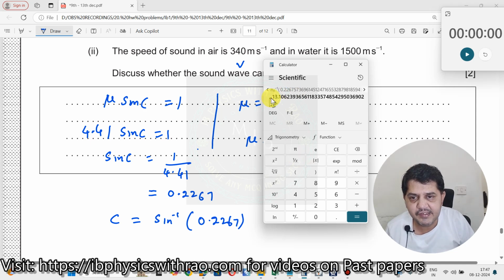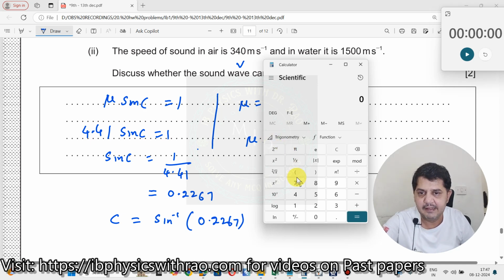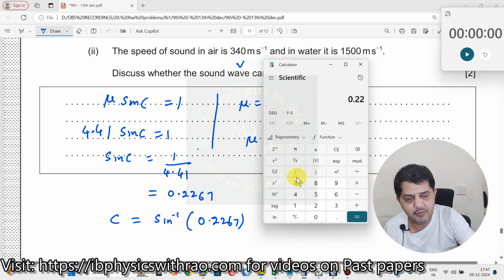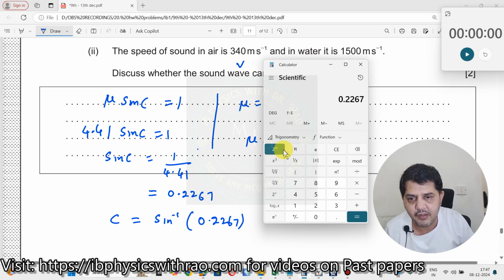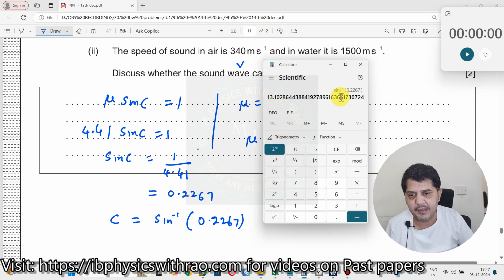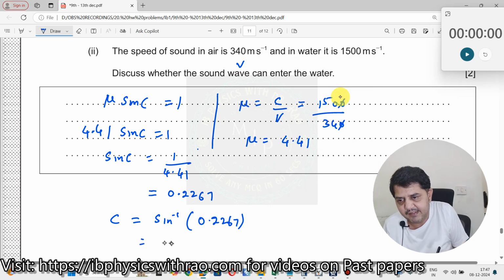No, I made a mistake. I'll cancel this and write it once again, 0.2267, then go to second and sine inverse. I get 13.1 degrees. So I get this answer as 13.1 degrees.